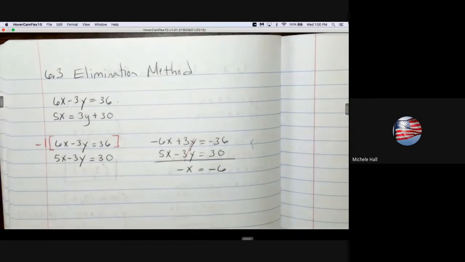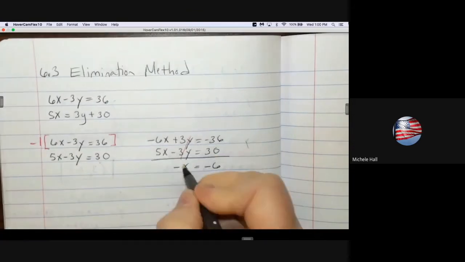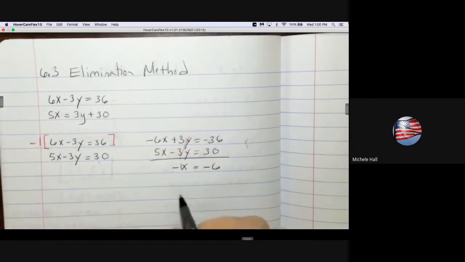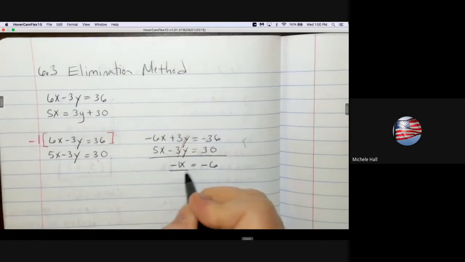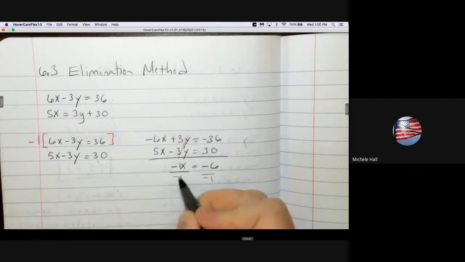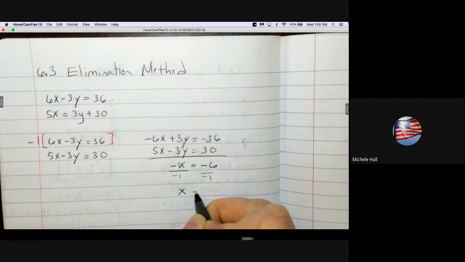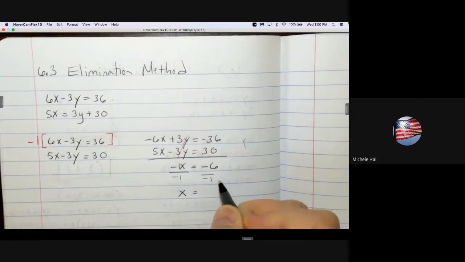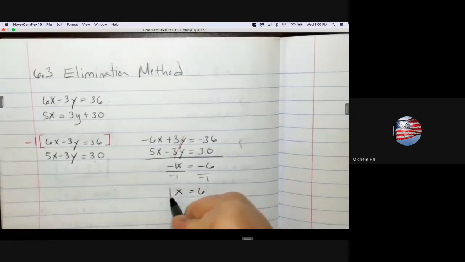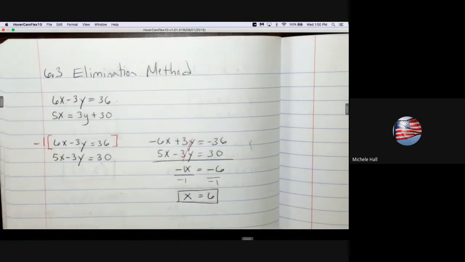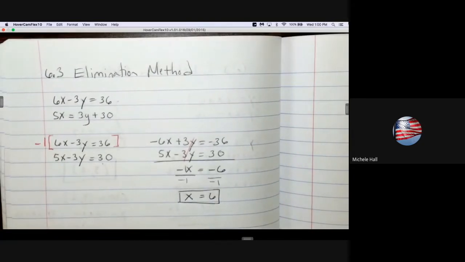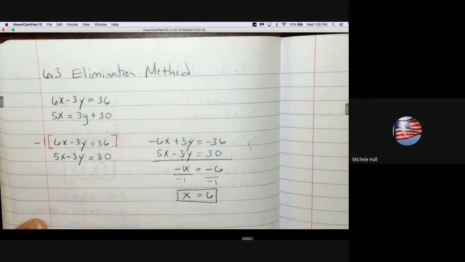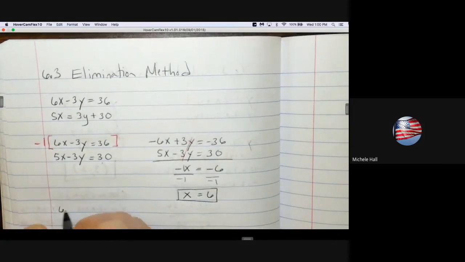We still do not have x by itself. It's being multiplied by a negative, and there is a 1 that's understood to be there. So if it's being multiplied by negative 1, I can divide by negative 1. Negative divided by a negative makes it positive. And my negative 6 divided by a negative 1 becomes a positive 6. We're going to substitute in our x. Let's use the first equation, 6x minus 3y equals 36.